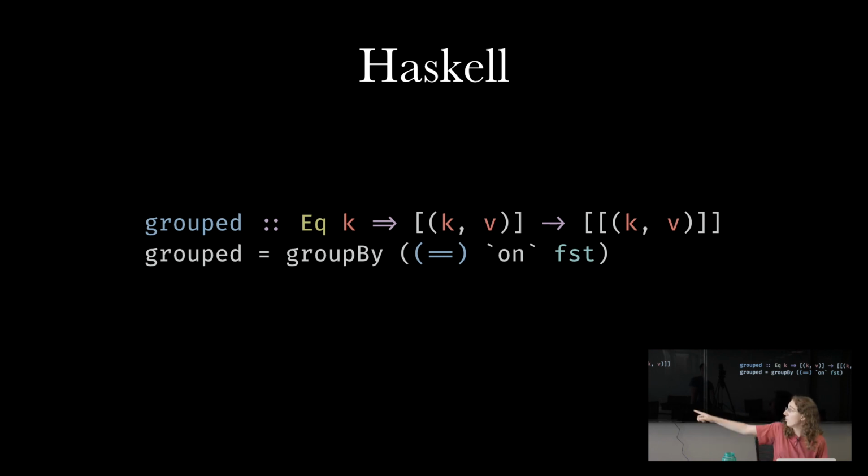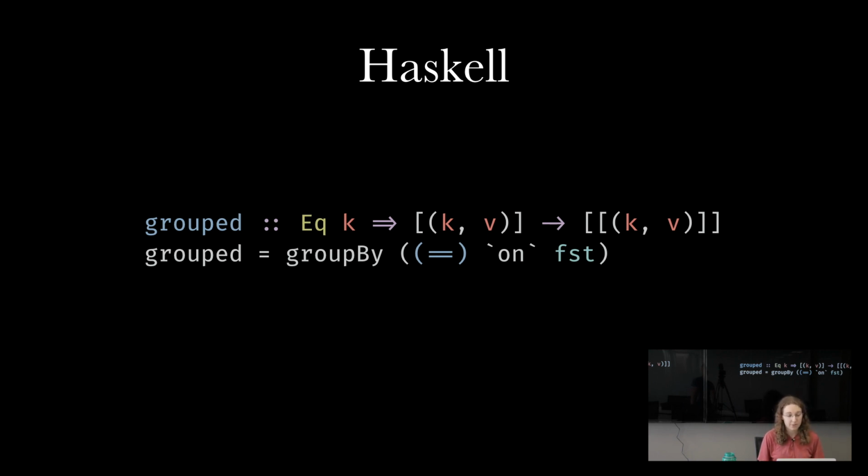It says the grouped function is equal to group by equality on first. That fst is the first operator, a function that gets the left-hand side of a tuple, the first element. So we're saying call group by, and we're going to group by equality, because we want to group on the equality of the keys, the first element of each tuple. Does that make sense? Yeah.